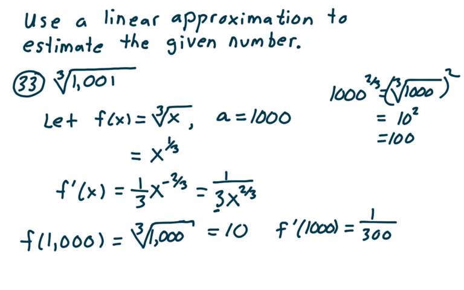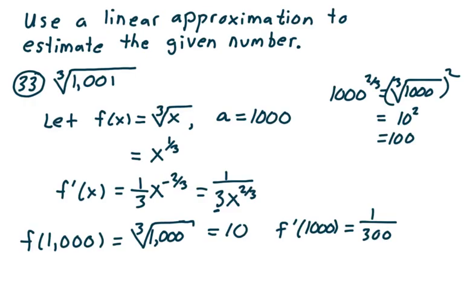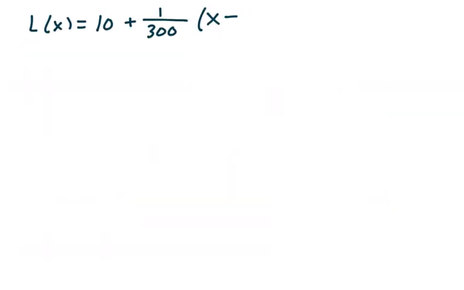Okay. Now, this is going to allow us to find L of x. L of x is equal to f of 1,000, which is 10, plus 1/300 times x minus a. And let's remind ourselves, a is 1,000, so we're going to take x minus 1,000.